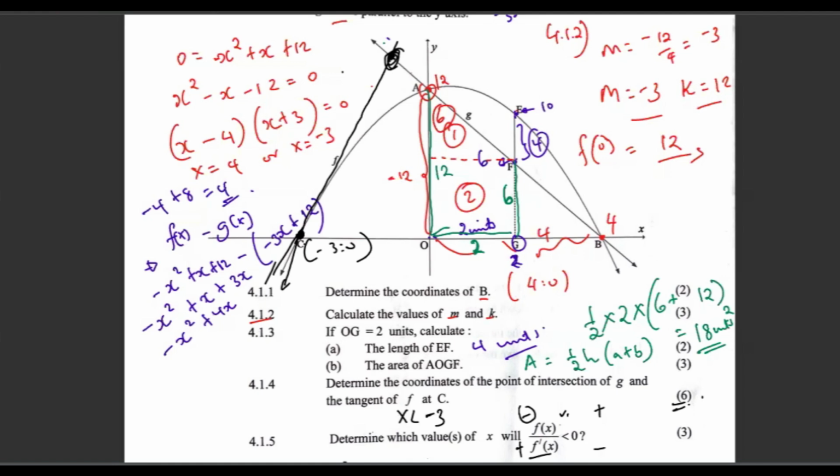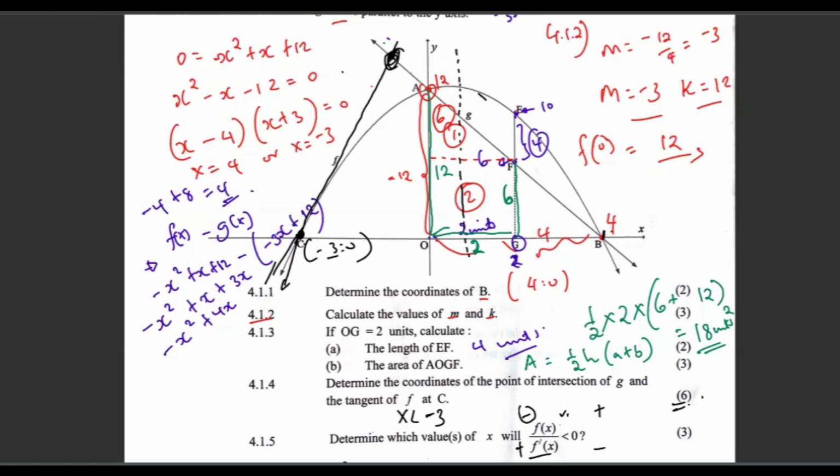Where is the graph above the x-axis and the gradient is decreasing? So we need the axis of symmetry, because this is where the graph is decreasing and it is above. So between this and the axis of symmetry.